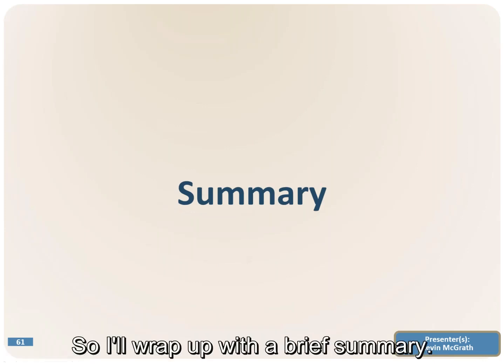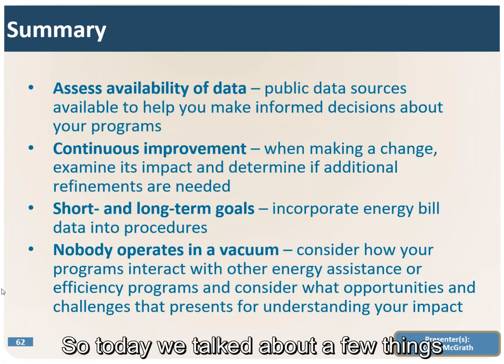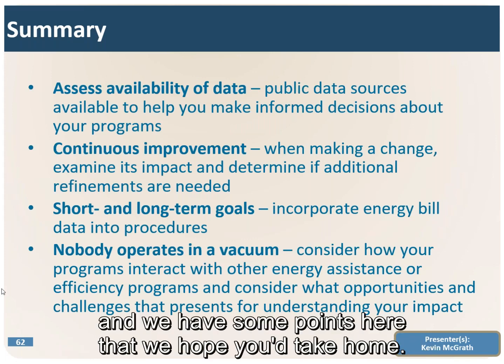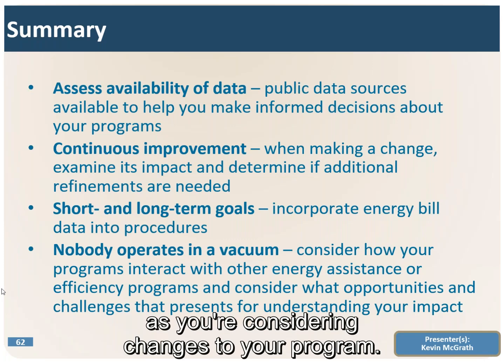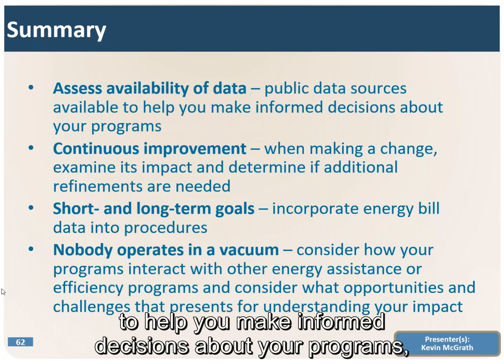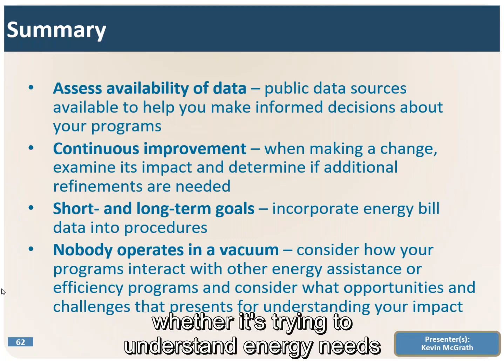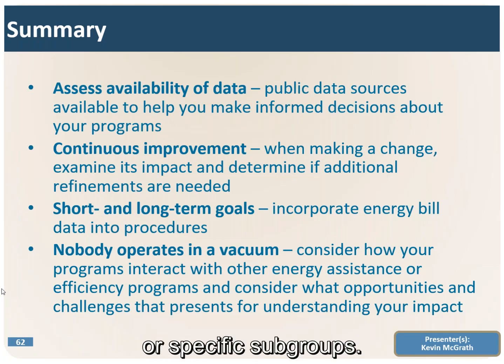Thanks, Jorge. So I'll wrap up with a brief summary. Next slide. So today we talked about a few things, and we have some points here that we hope you take home. So one is to assess the availability of data as you're considering changes to your program. There are a lot of public data sources available to help you make informed decisions about your programs, whether it's trying to understand energy needs or what the size of your eligible population is or specific subgroups.